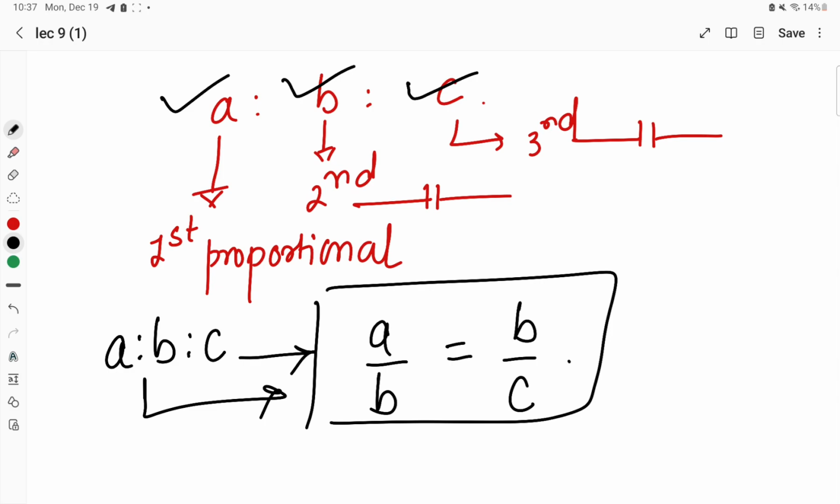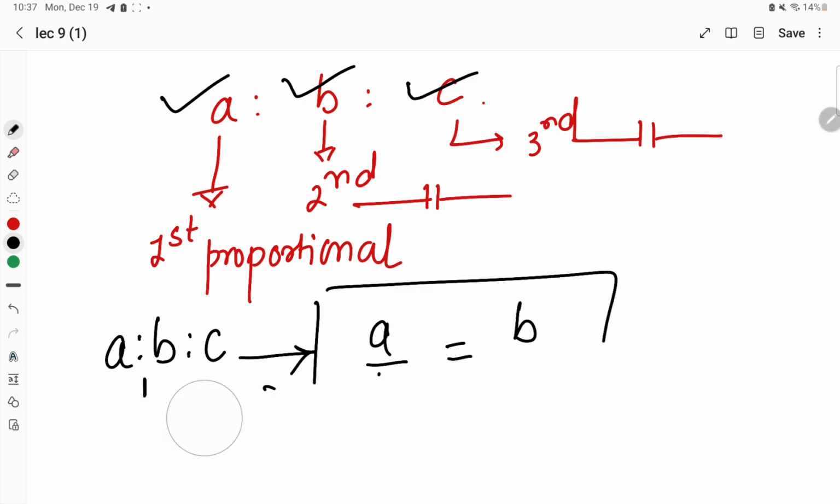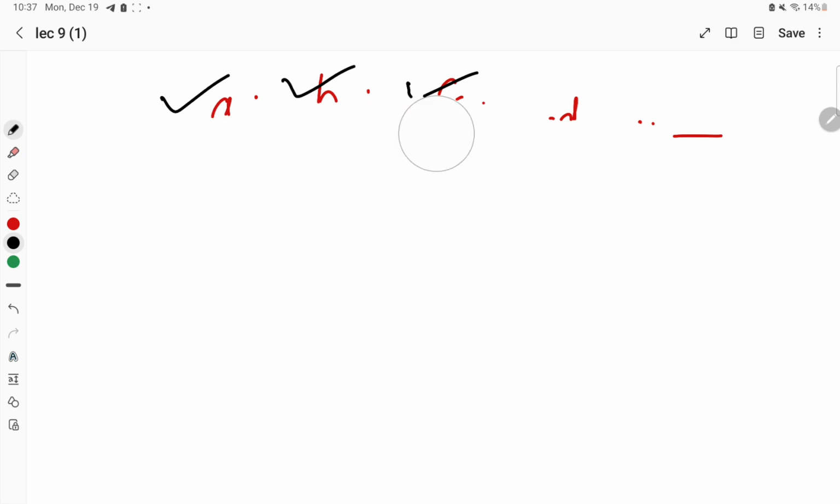Also, in this ratio, A is to B is to C, A upon B is equal to B upon C. This is also how we can write the ratio. Okay, this was the introductory part about the first proportional, second proportional.